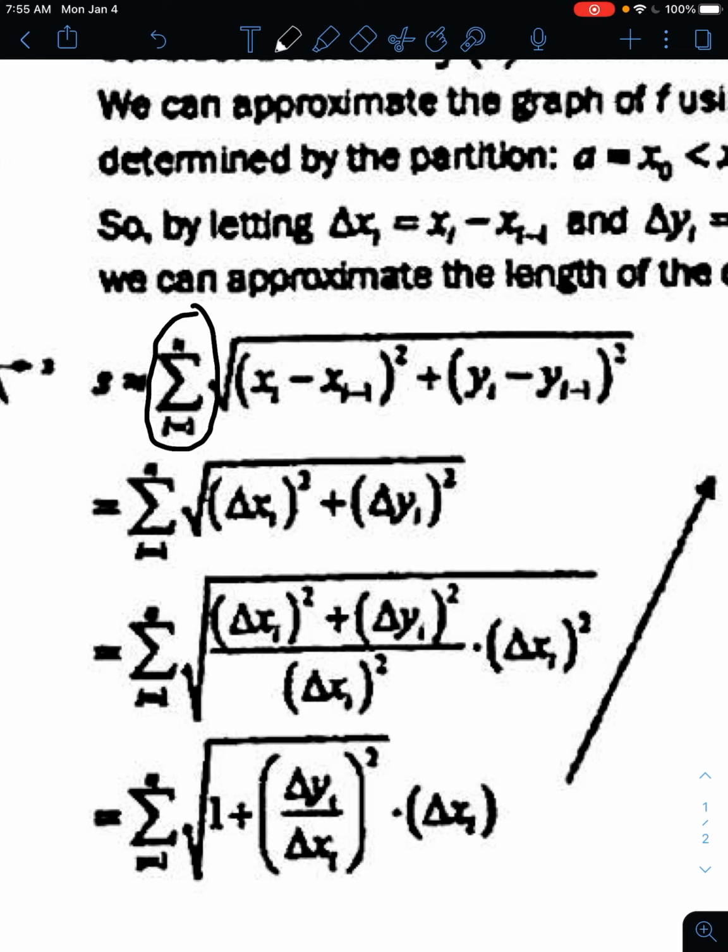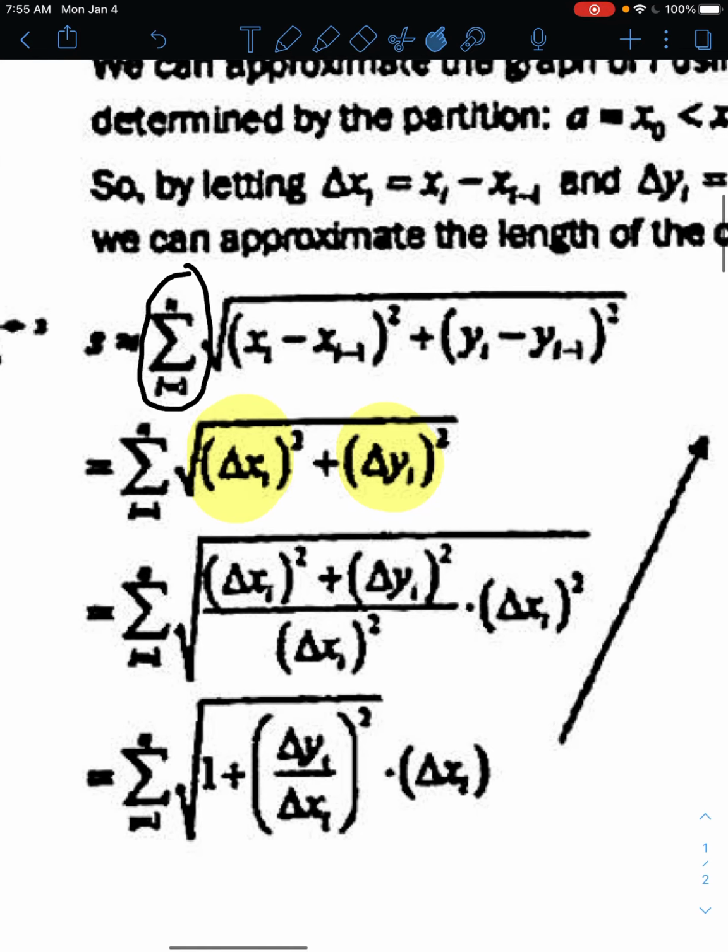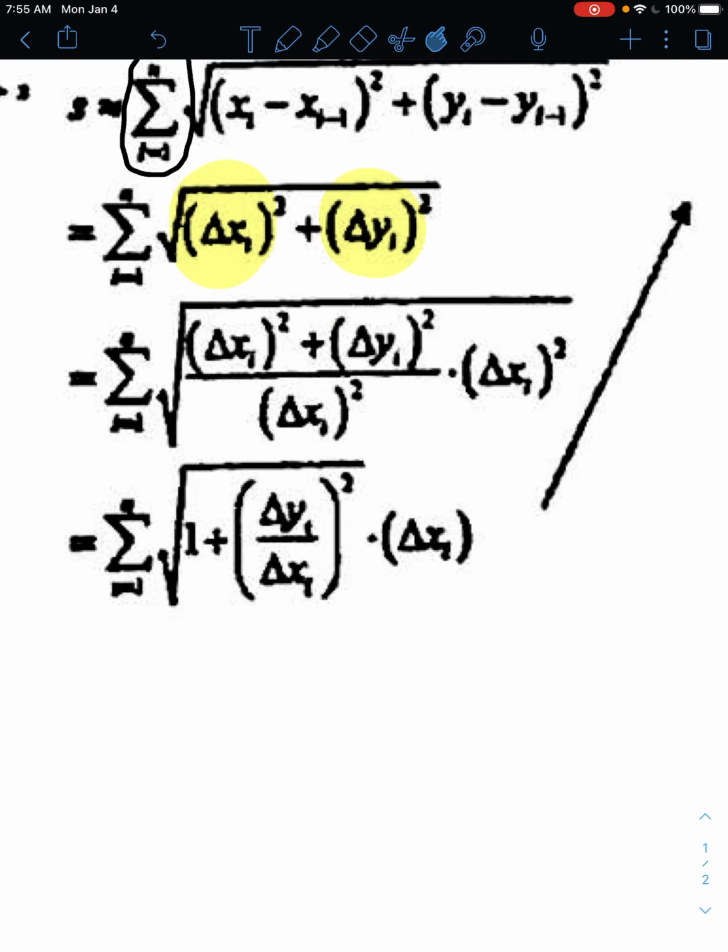Well, the difference in the x's is delta x, right here. The difference in the y's is delta y. And then there's some manipulation to do to get it into the calculus notation we like. If you don't really bother with worrying about this step, it's okay. But they're basically dividing this by delta x squared and multiplying it by delta x squared.